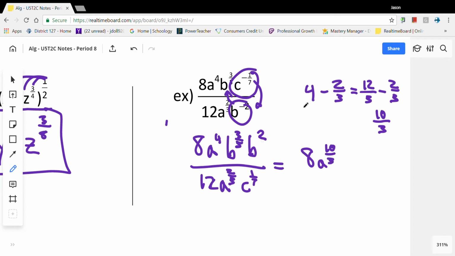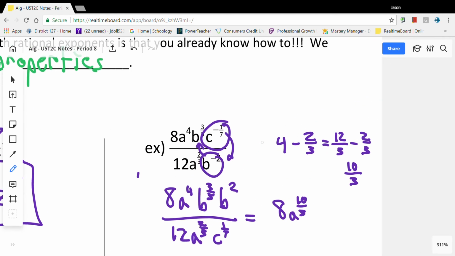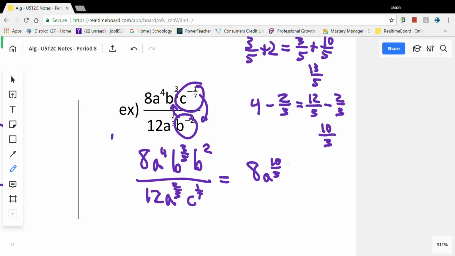Here, 3/5 plus 2, I'll do that a little bit higher here. 3/5 plus 2, common denominator is going to be 5, so 3/5 plus 10/5 here. All right, and that will give me 13 over 5. And since both b's are in the numerator, that is also in the numerator. And the denominator still has the c to the 1/7.